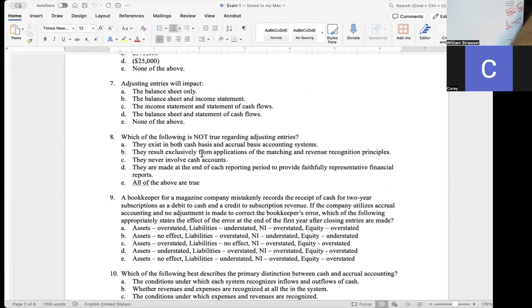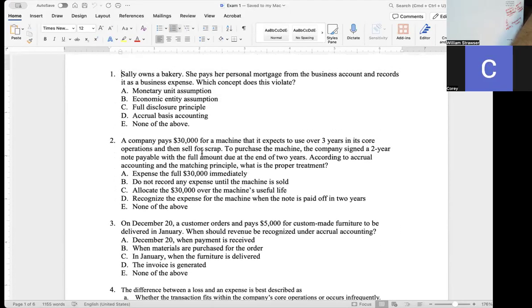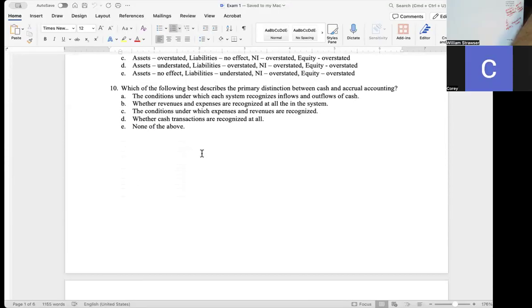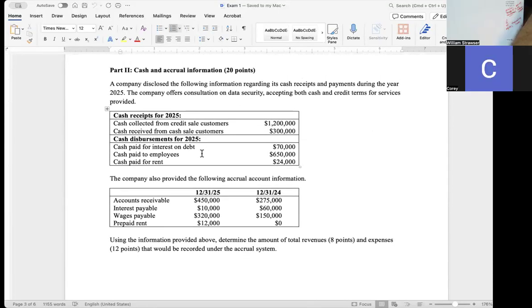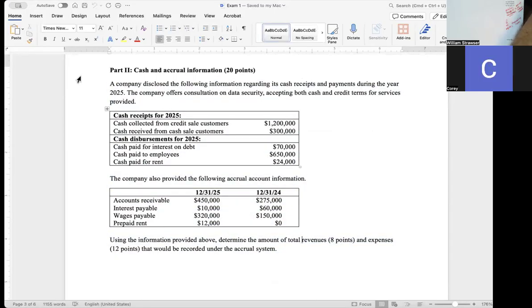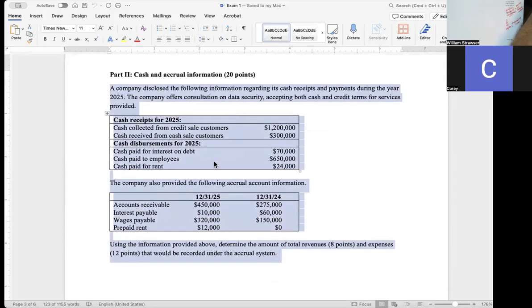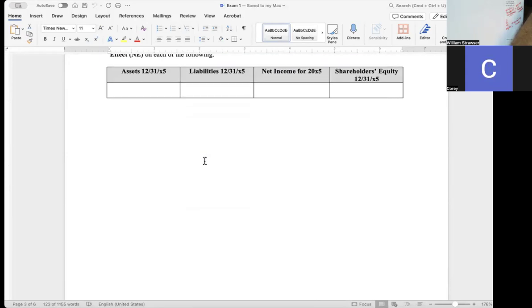And skipping through the multiple choice. Most of these multiple choice questions are pretty fair game for the final. I didn't think the multiple choice from the first exam was that bad. But for example, I wouldn't really donate any multiple choice to this cash and accrual information problem.